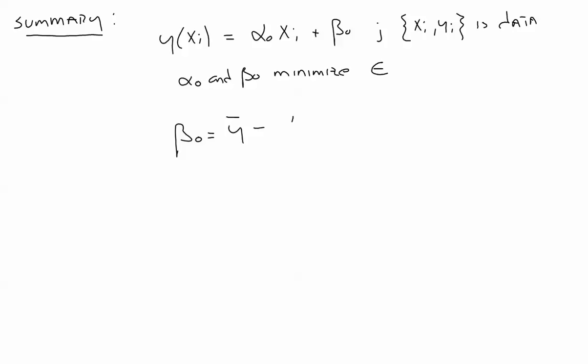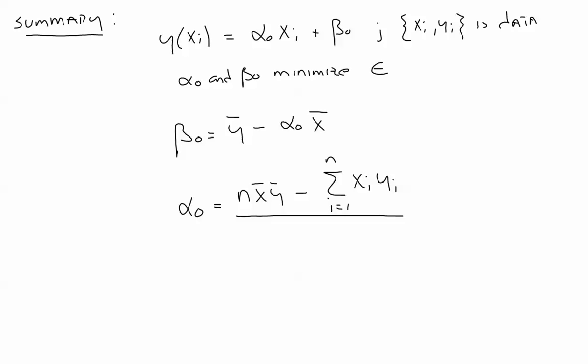Alpha naught and beta naught are: beta naught equals y bar minus alpha naught x bar. Calculate that one, and then alpha naught is n x bar y bar minus the summation i equals 1 to n of x_i y_i, divided by n times x bar squared minus the summation i equals 1 to n of x sub i squared.